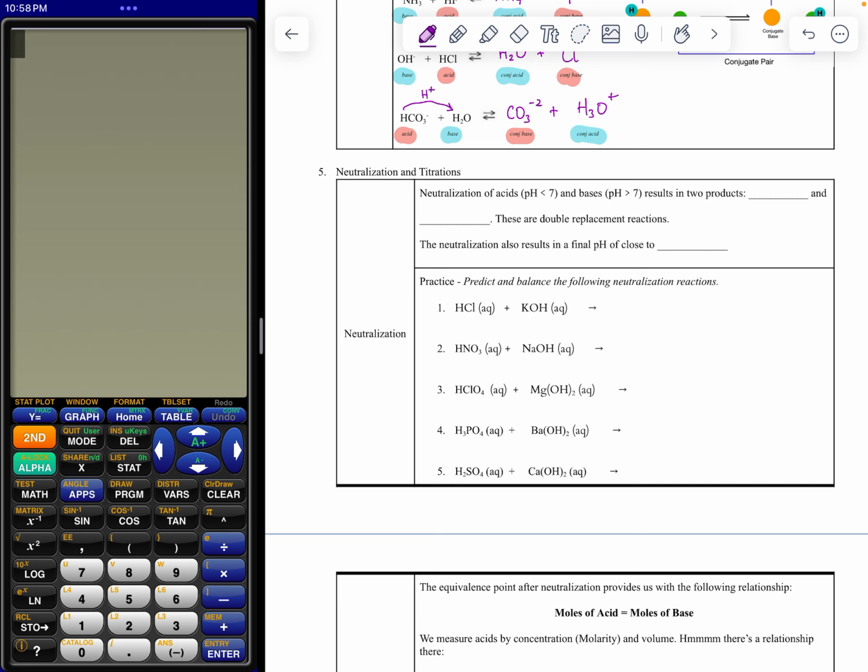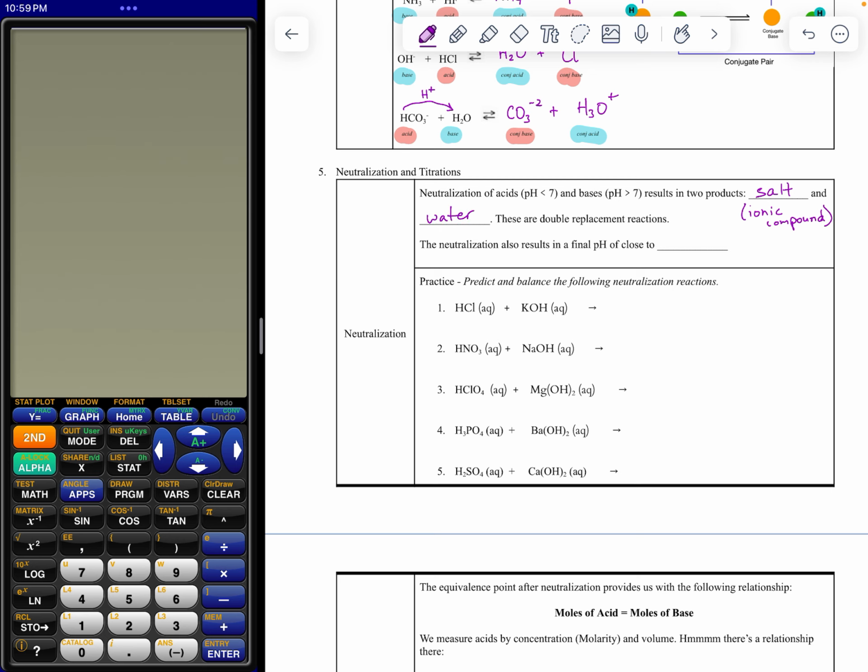bases, vice versa. So when we have these neutralization reactions occur, it does result in two products. One of those products is what we call a salt. This is just an ionic compound that forms. And of course, water.